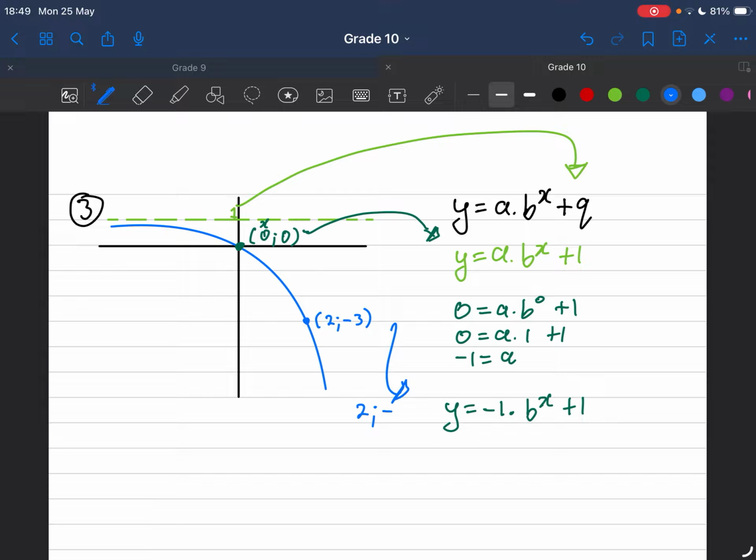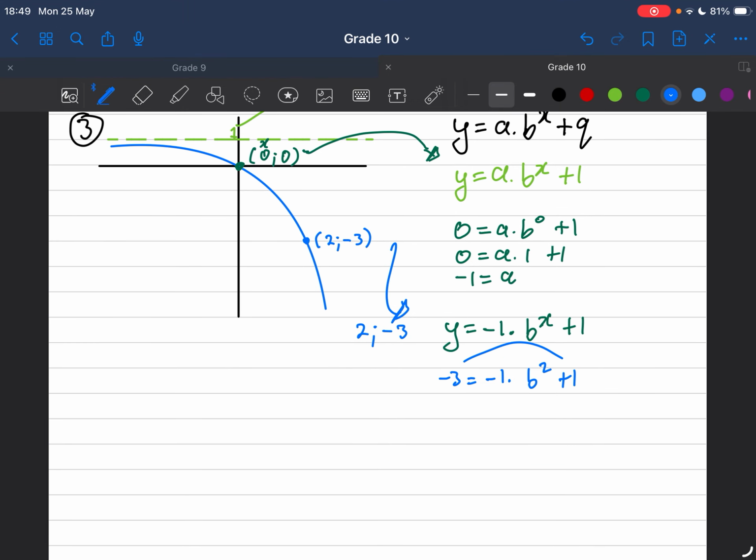Then we can go ahead and use this point at this stage to find the b value. So let's put in 2 and -3. So -3 is equal to -1 dot b squared plus 1. The plus 1 goes across and becomes -1, so -4 is equal to -1 dot b squared. Divide both sides by -1. 4 is equal to b squared.